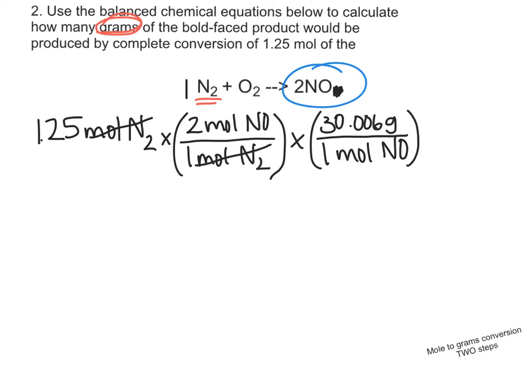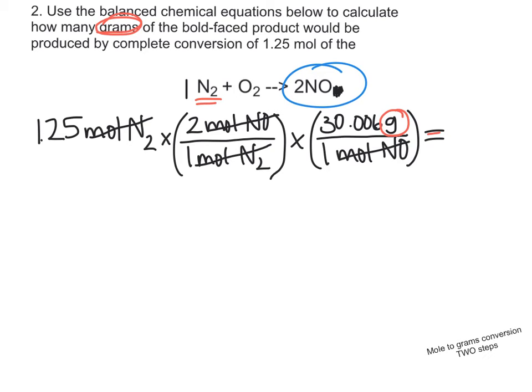And that is just the molar mass. I add up 1 nitrogen plus 1 oxygen. So by doing this, my moles of NO cancel, leaving me with grams, which is what the question asked me to solve for.